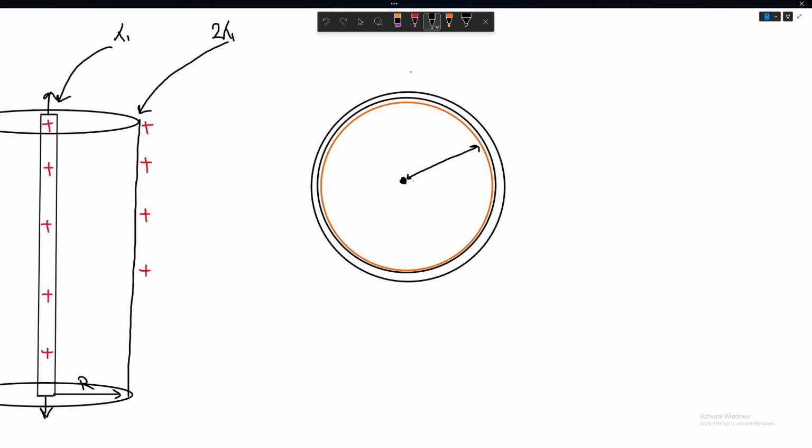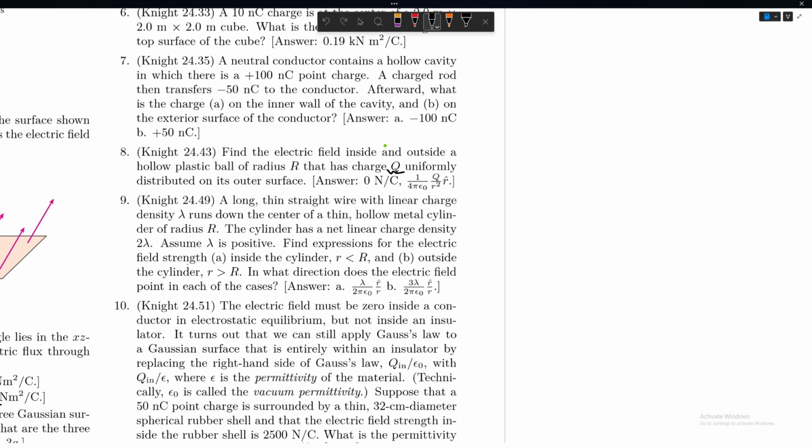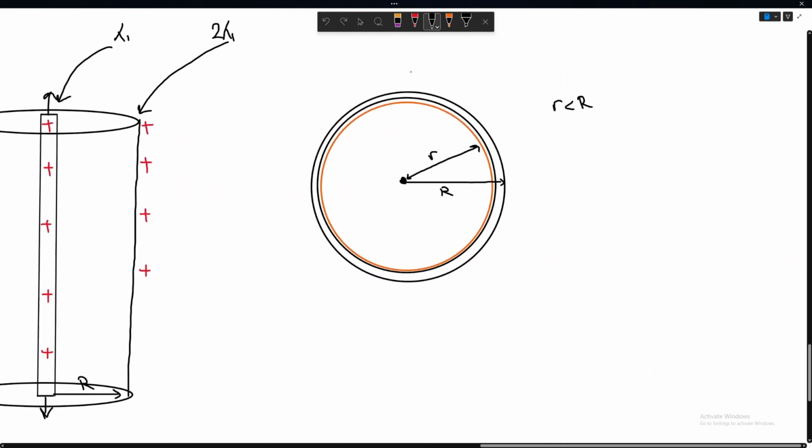That is big R, and this is little r. They're saying when little r is less than big R. You see the circle is less than the big circle, right? And so the question is saying, find an expression for the electric field inside this. And so we're looking for the electric field inside this orange, and so I'm going to do it in orange as well.